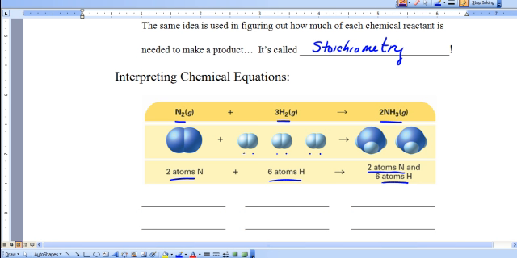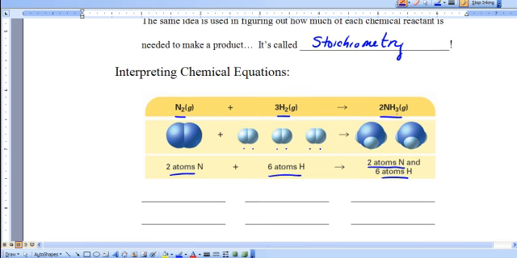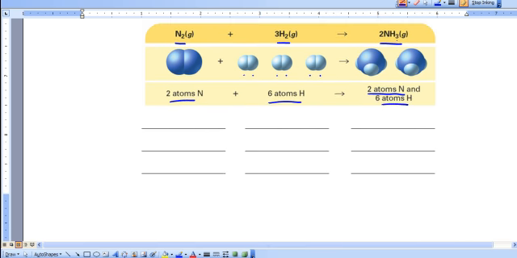And so that's one thing that the balanced equation tells us, is how many atoms of each type of element that you have. Now what it also tells you is that one molecule of nitrogen, which is N2, reacts with 3 molecules of hydrogen, which is H2, and that's going to form 2 molecules of ammonia.